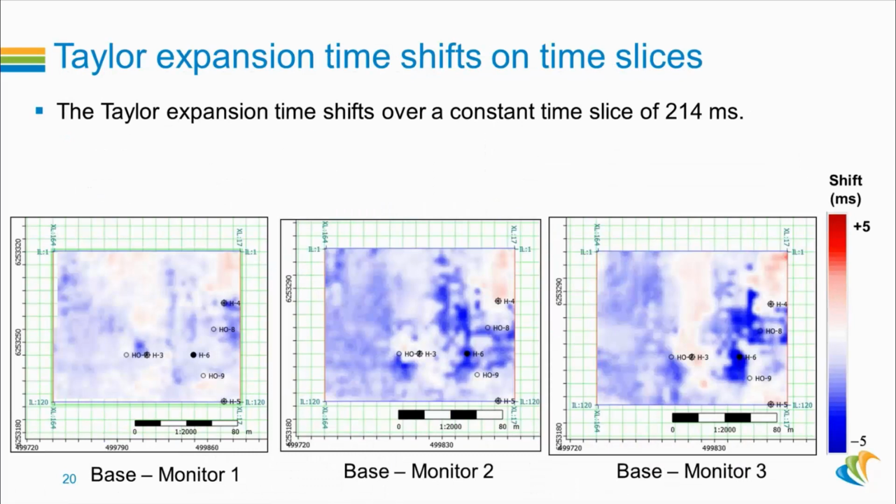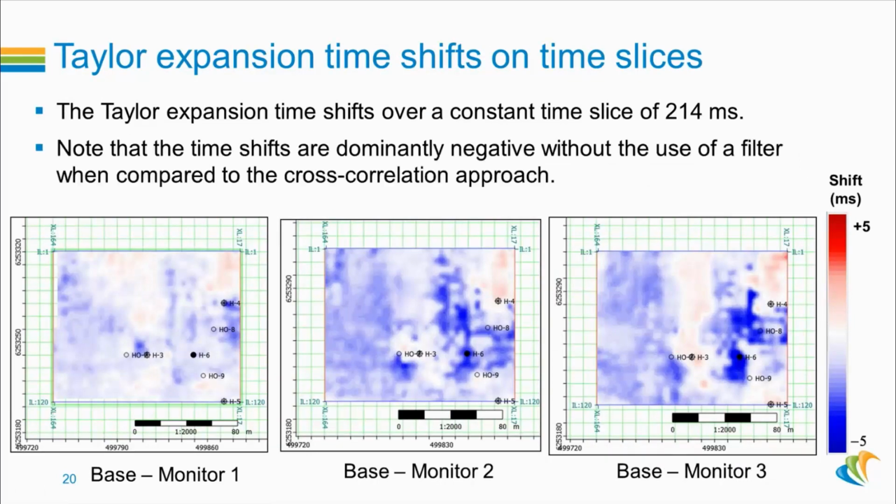So here's the application, and you can see that the time shifts are now dominantly negative without the use of a preconditioning filter, when compared to the cross correlation approach. And what's very nice about this is it shows in the H6 region there's this strong anomaly, as you might expect. So there's the wells indicated on here.